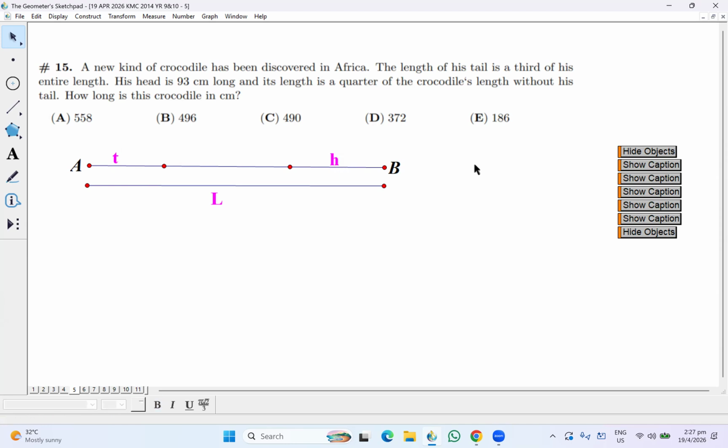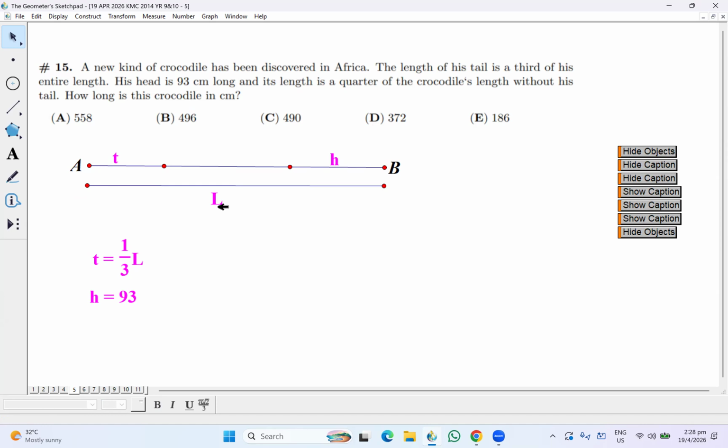Then the question says the length of the tail is 1/3 of the entire length. So T is 1/3 of L. Then the head is 93. So we write that down. So head is 93.